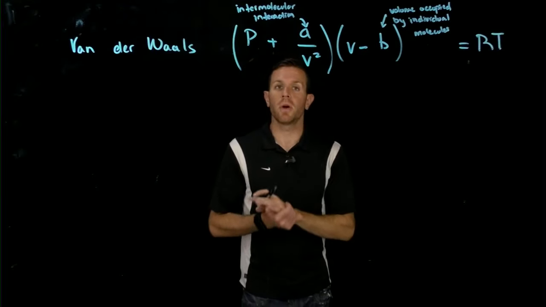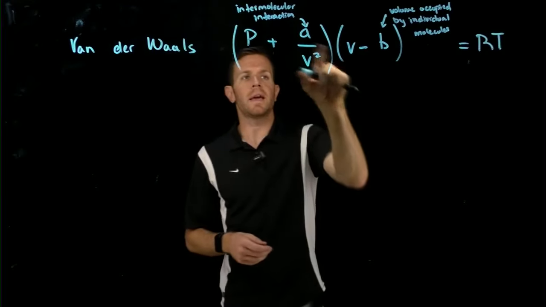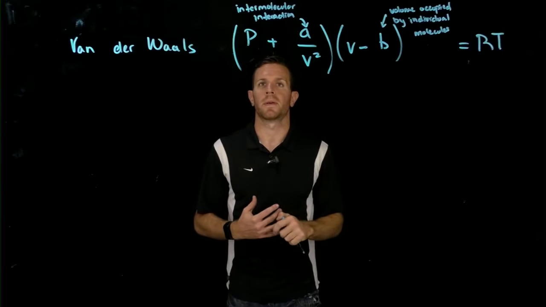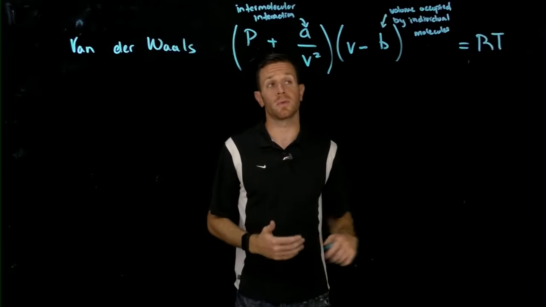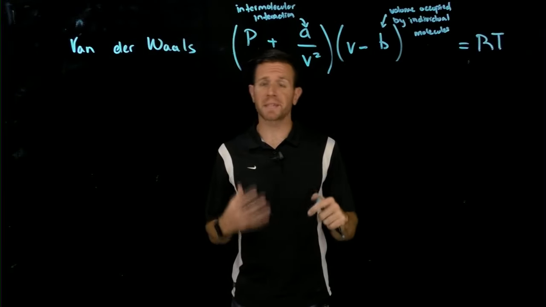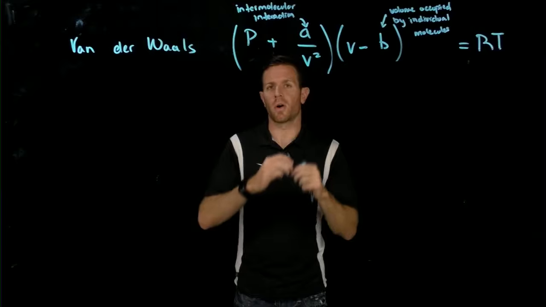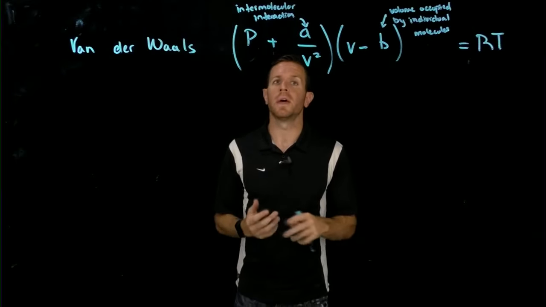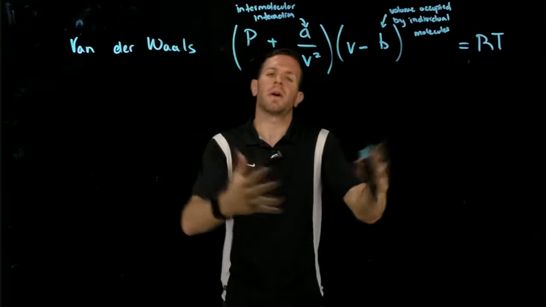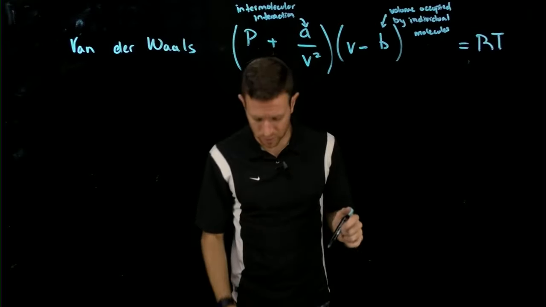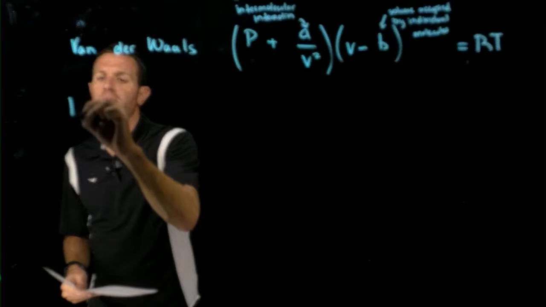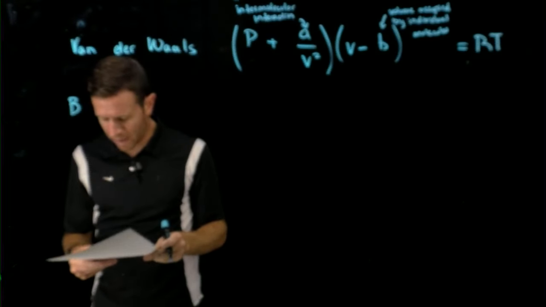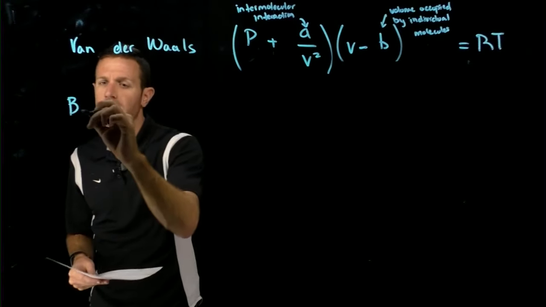So do note that if a and b go to 0, if we say that there's no intermolecular interaction between gas molecules, and gas molecules in and of themselves have absolutely no volume, then this equation becomes the ideal gas equation of state. Another equation that you might run across is the Beattie-Bridgeman equation of state.